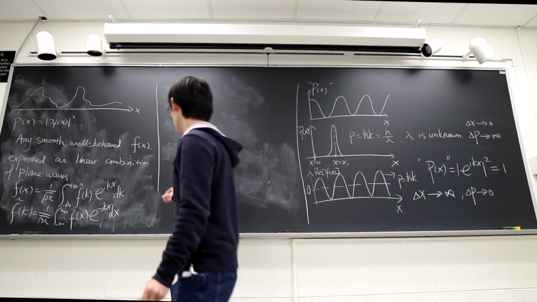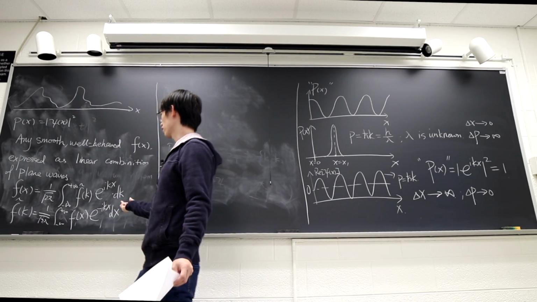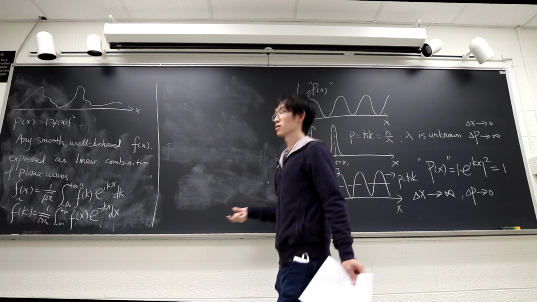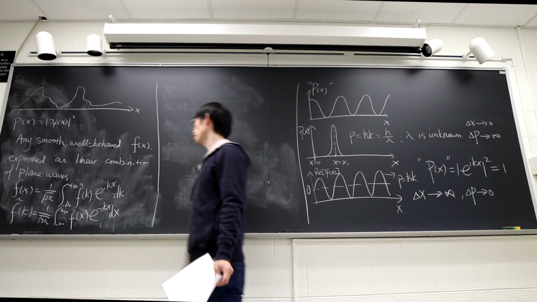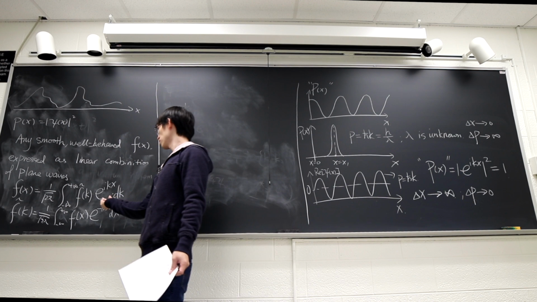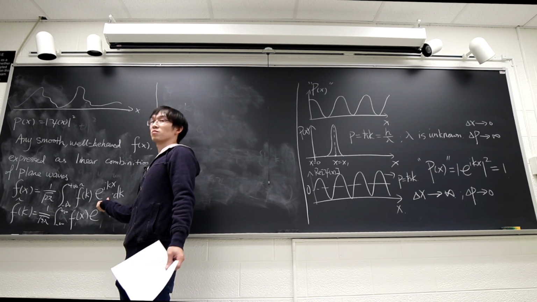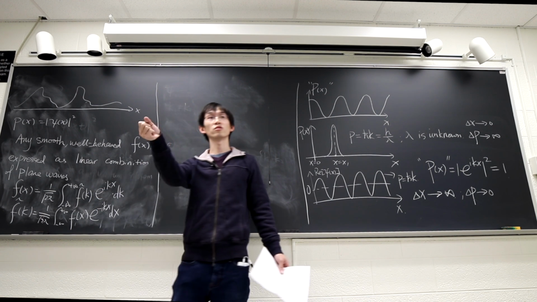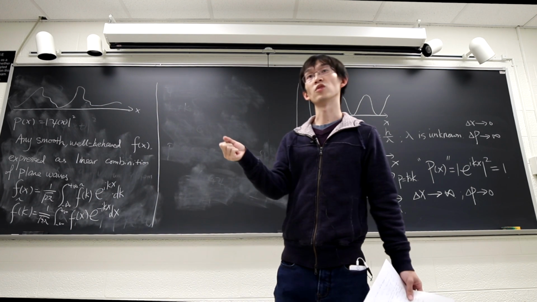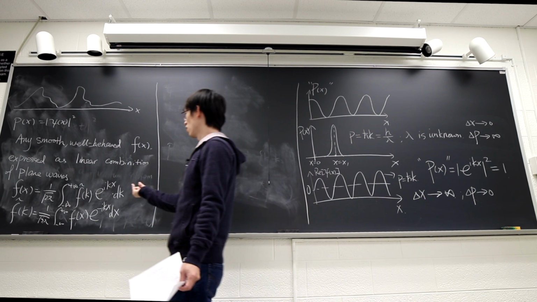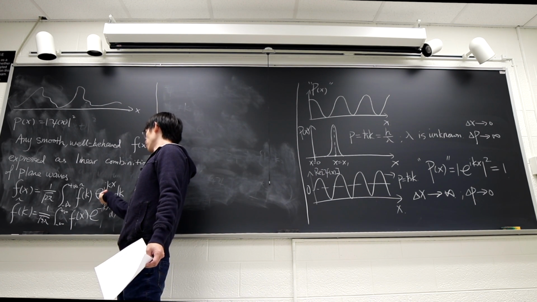So this mathematical form can be brought into quantum mechanics. Because in quantum mechanics, this plane wave has a physical meaning. It means something moving with a certain momentum. The momentum of the wave is known.